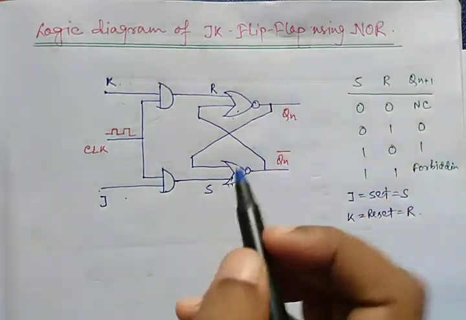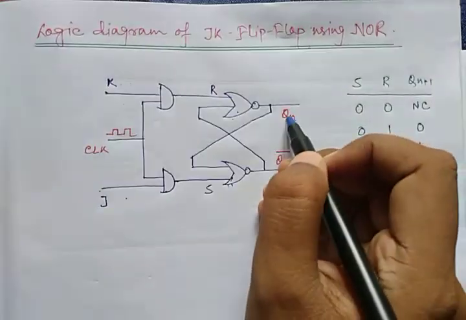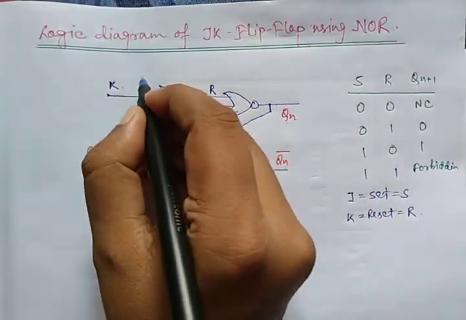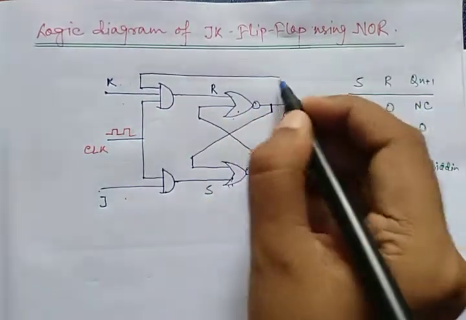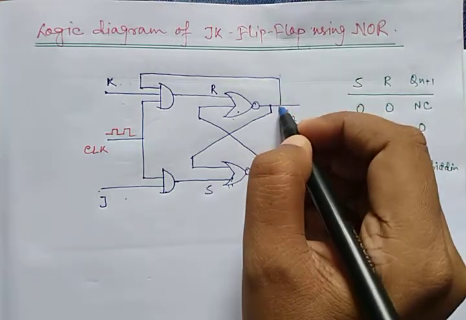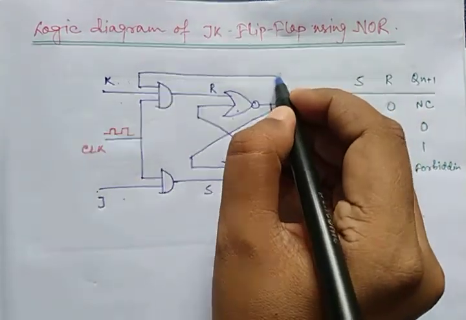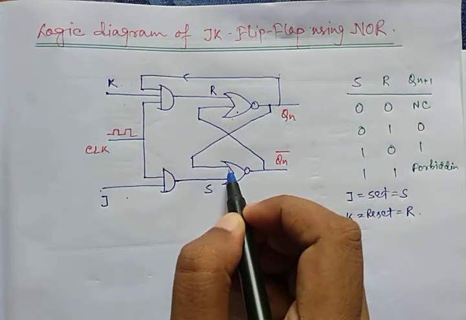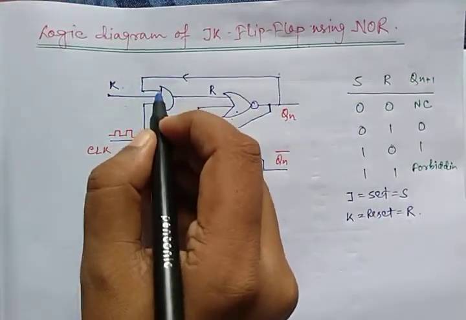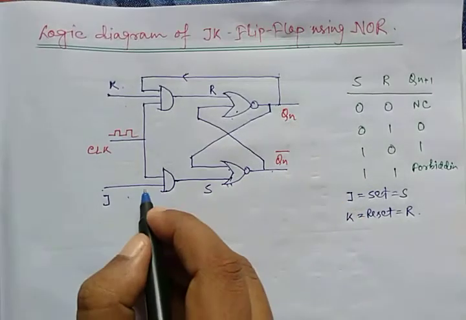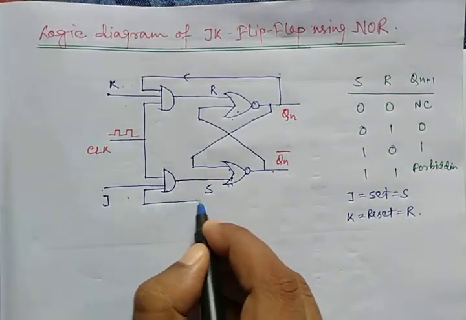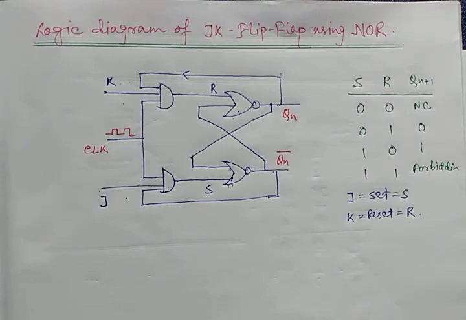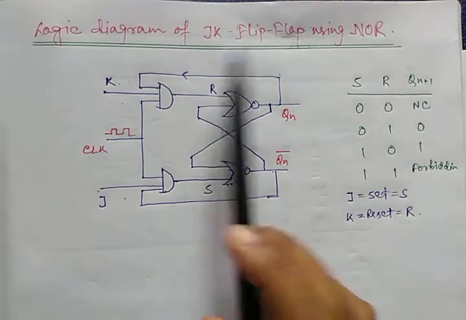For JK flip-flop, one additional thing is that the output Qn goes as the feedback input with K, and Qn bar goes as an input with J. This is the logic diagram of JK flip-flop using NOR gate.